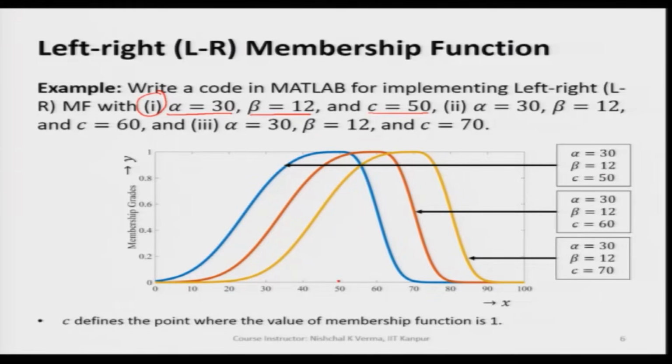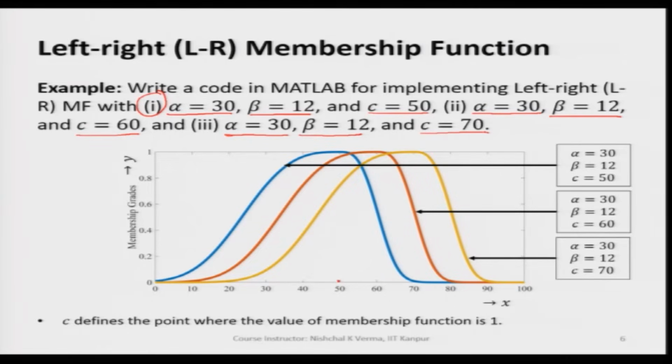The first case is alpha is equal to 30, beta is equal to 12, C is equal to 50, and the second case we have alpha is equal to 30 and beta is equal to 12 and C is equal to 60. And the third case here is alpha is equal to 30, beta is equal to 12 and C is equal to 70.